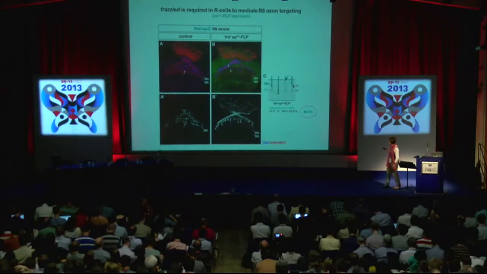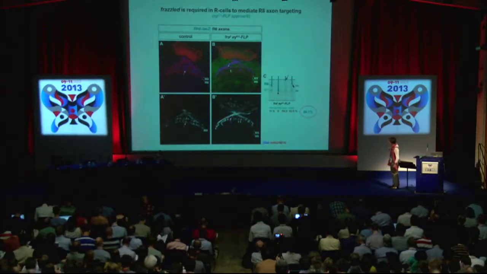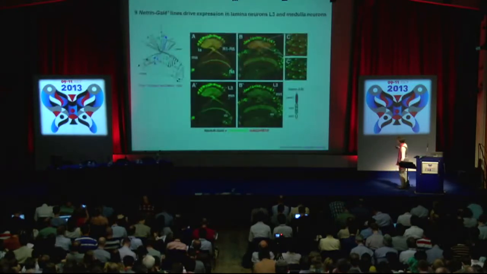And when we look at the phenotype, we labeled R8 axons with Rh6-like marker, and we can see that all of them in controls terminate precisely in the M3 layer. However, if we remove the guidance receptor Frazzled, we can see that the axons stay at the border of the neuropil, or they go halfway. And the penetrance is very strong, almost 89%. So it must be a major player.